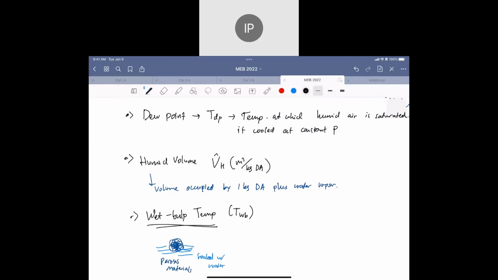And then you have a thermometer. You use the porous material that has been soaked in water and wrap it around the thermometer. Okay, wrap.